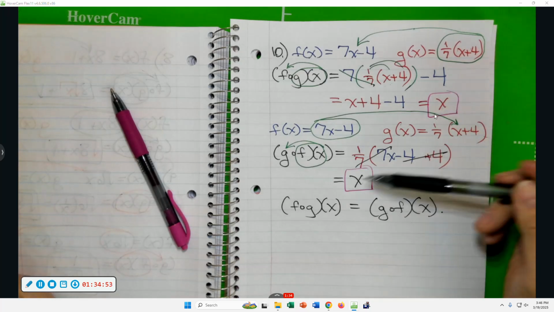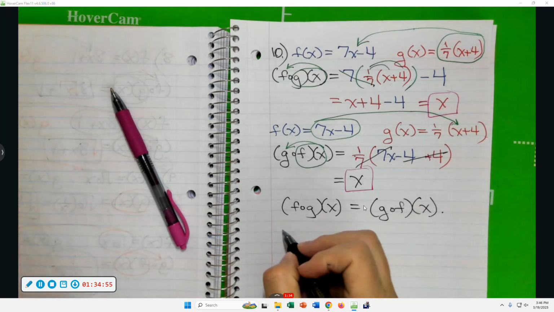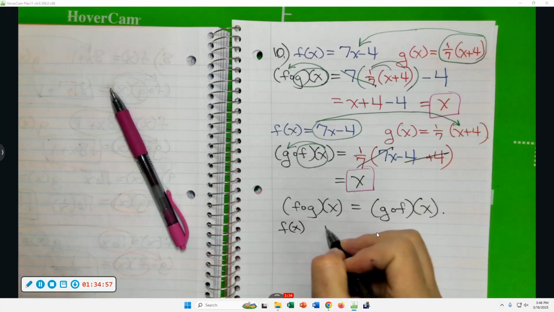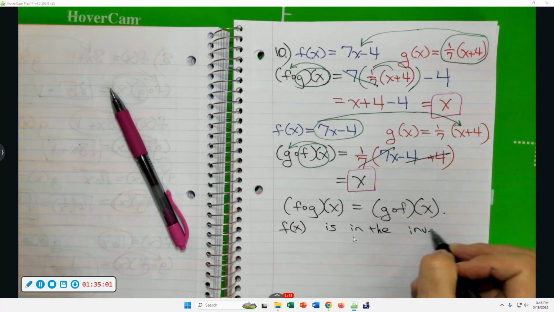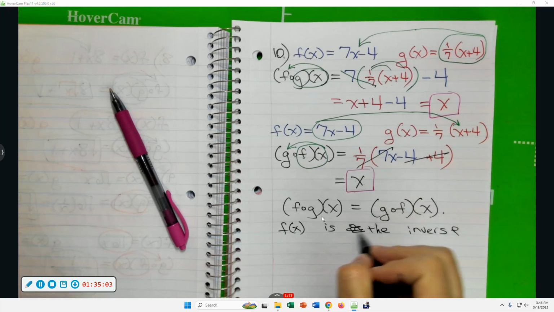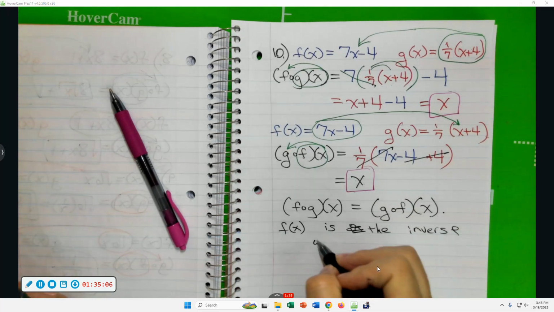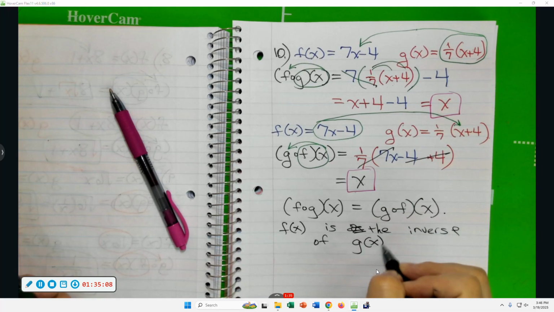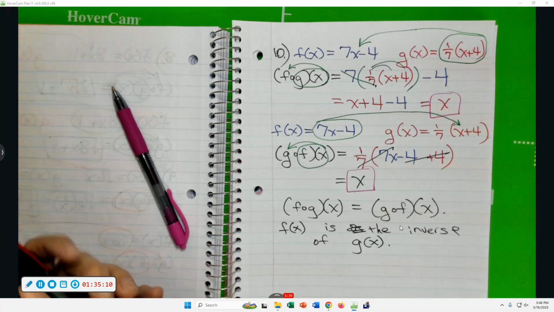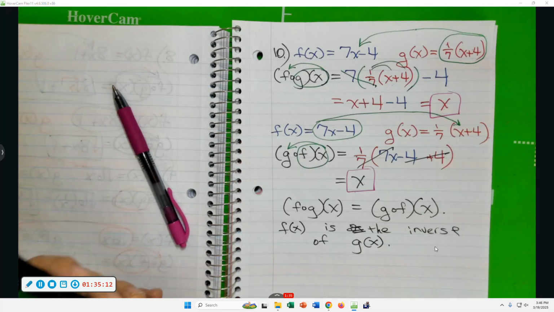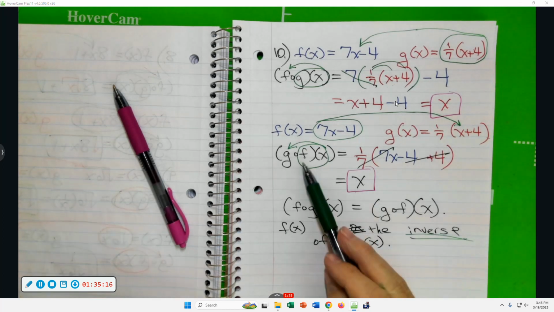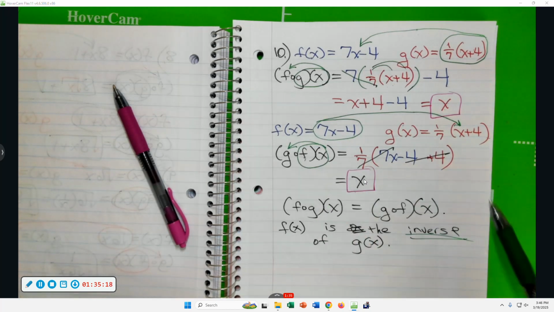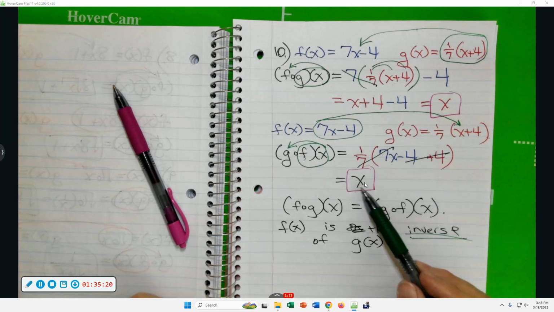That's what they're trying to get us ready for here. We can say f of x is the inverse of g of x. And in 12 days, you'll find out what we mean by an inverse. But you already sort of know. If you find their composition, plugging them into each other, everything cancels out except for x.